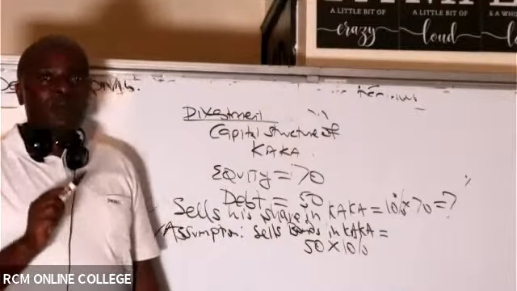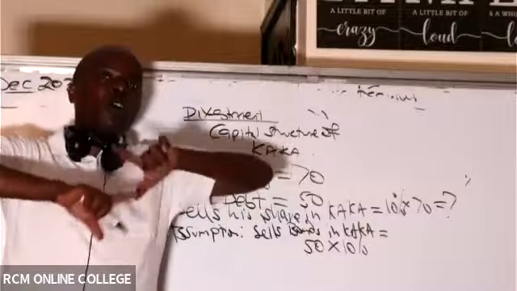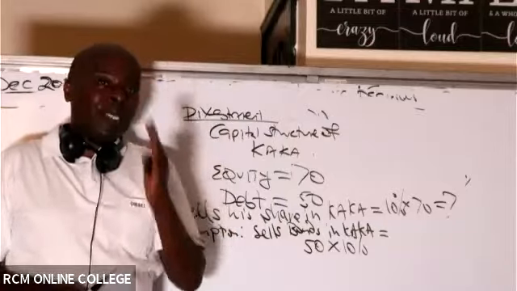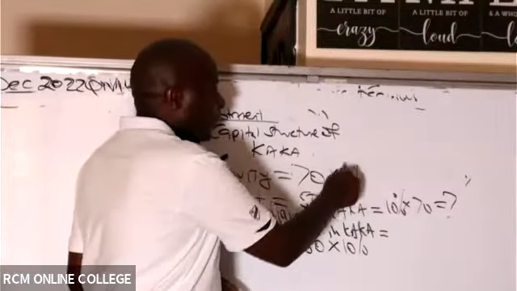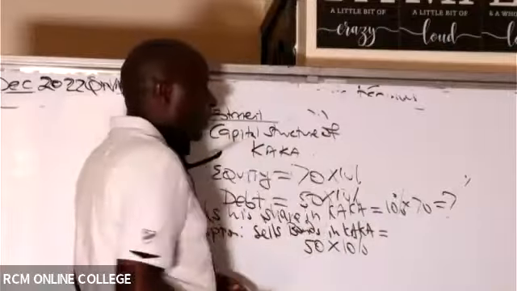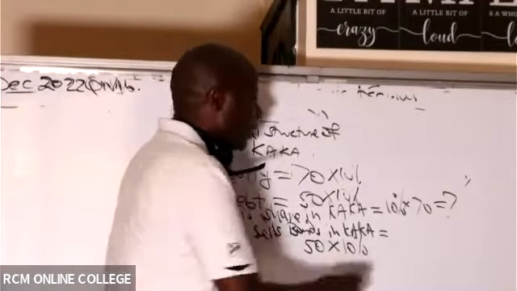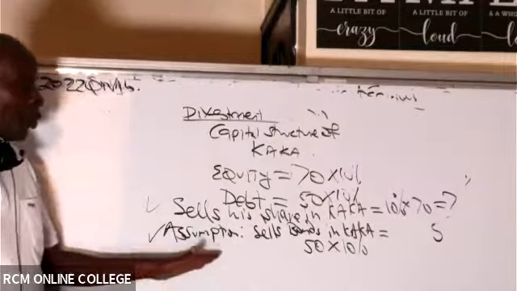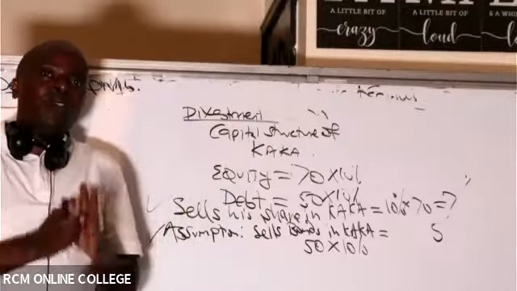He just wants to mirror the capital structure of where he's coming from, as per his percentage. So you multiply this with 10%, and this with 10%. So 50 times 10%, we get 5. Remember, this is an assumption because he wants to mirror the capital structure of Kaka.